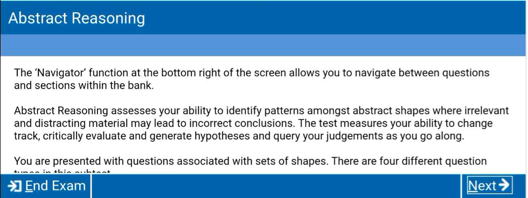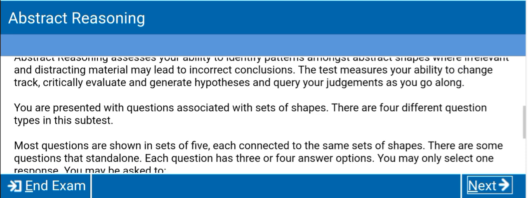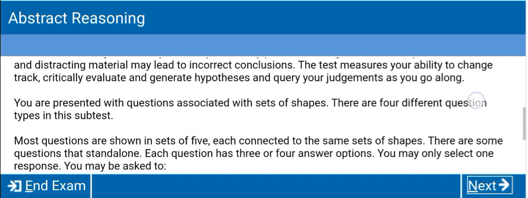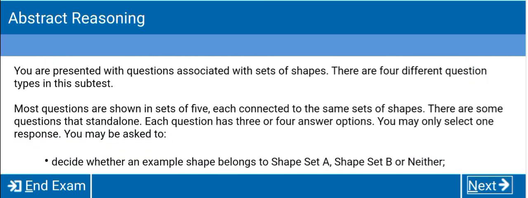You are presented with questions associated with sets of shapes. There are 4 different question types in this subtest. Most questions are shown in sets of 5, each connected to the same sets of shapes. There are some questions that stand alone. Each question has 3 or 4 answer options. You may only select one response.